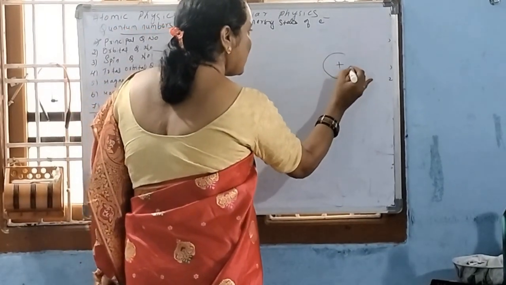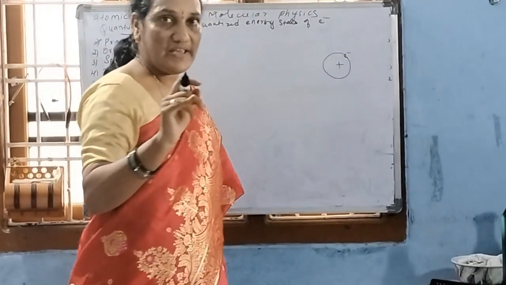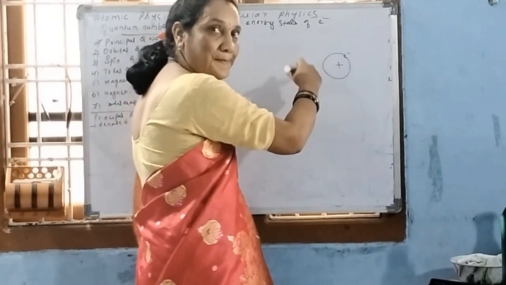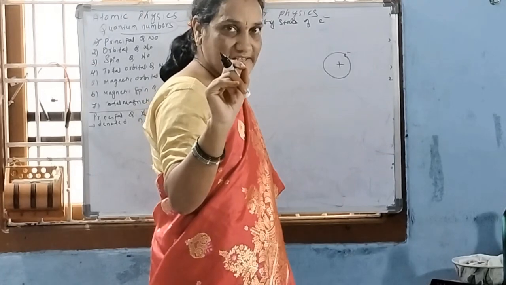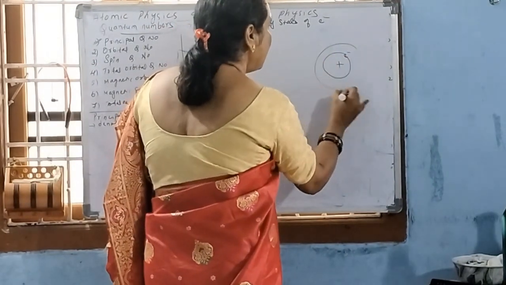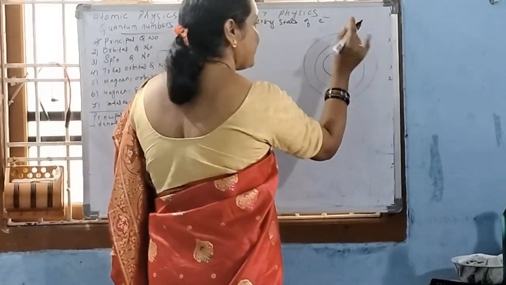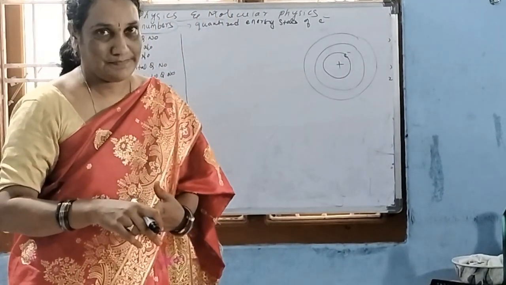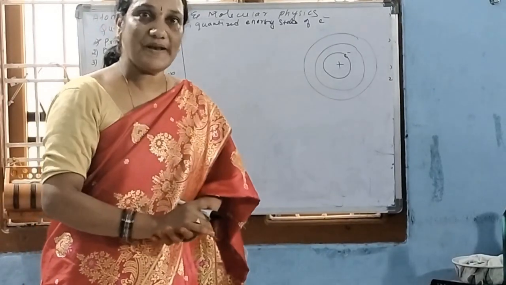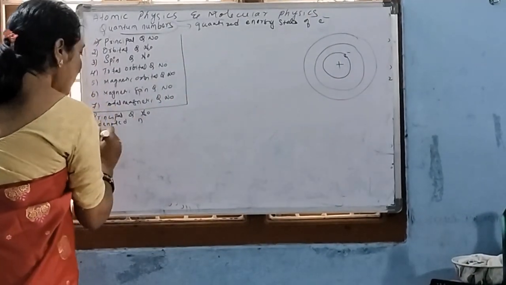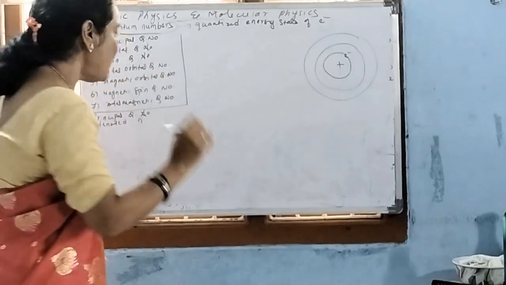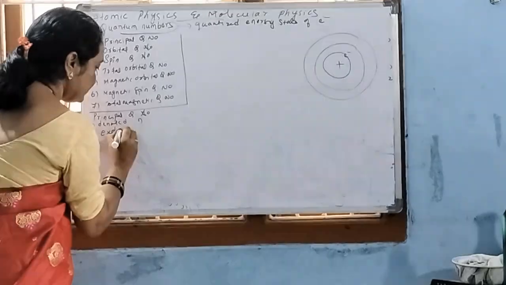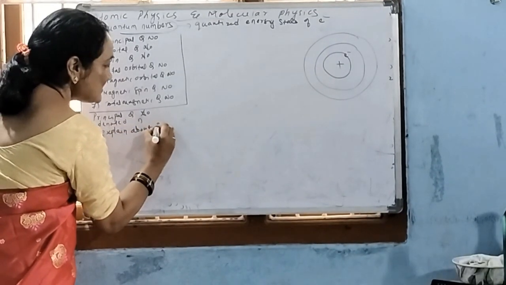Around the nucleus, electrons revolve in elliptical paths. Now these paths we term as orbits. So there are a number of orbits around this nucleus in which electrons revolve. This principal quantum number gives the information about the principal orbit.